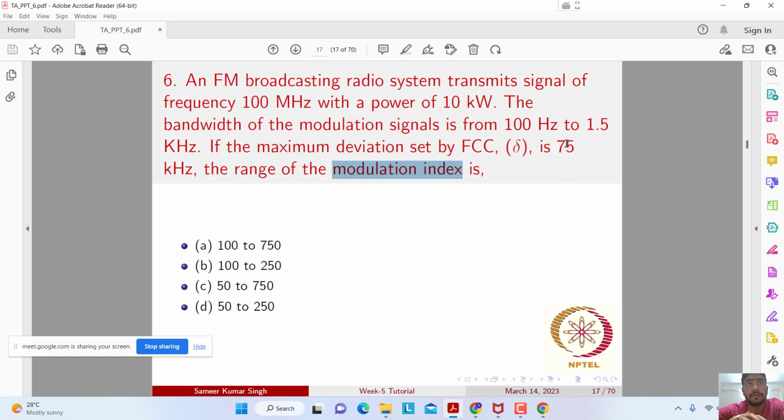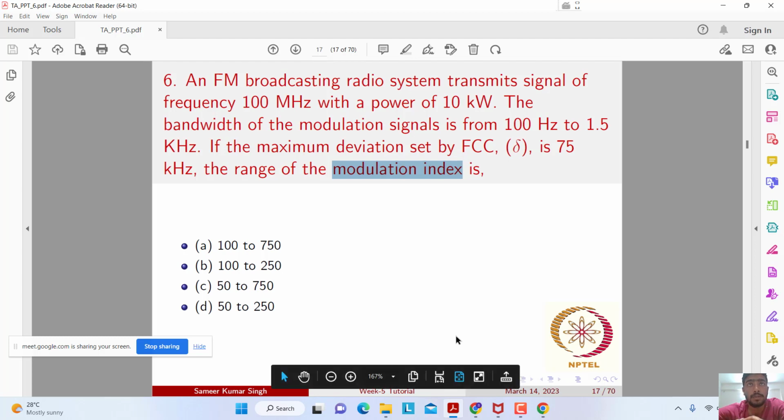We have a delta f, the maximum deviation, carrier frequency, power, and message signal frequency, which varies from 100 Hz to 1.5 kHz, to calculate the range of the modulation index.